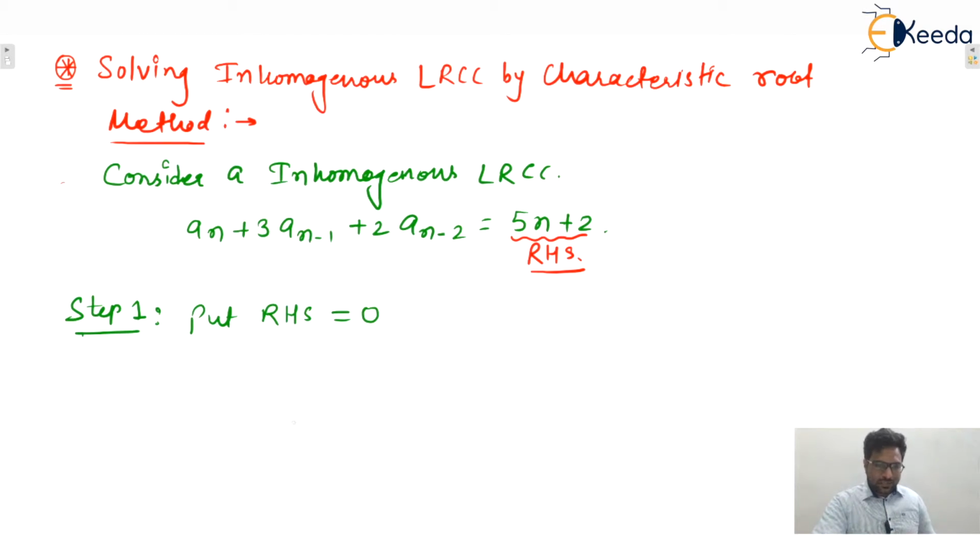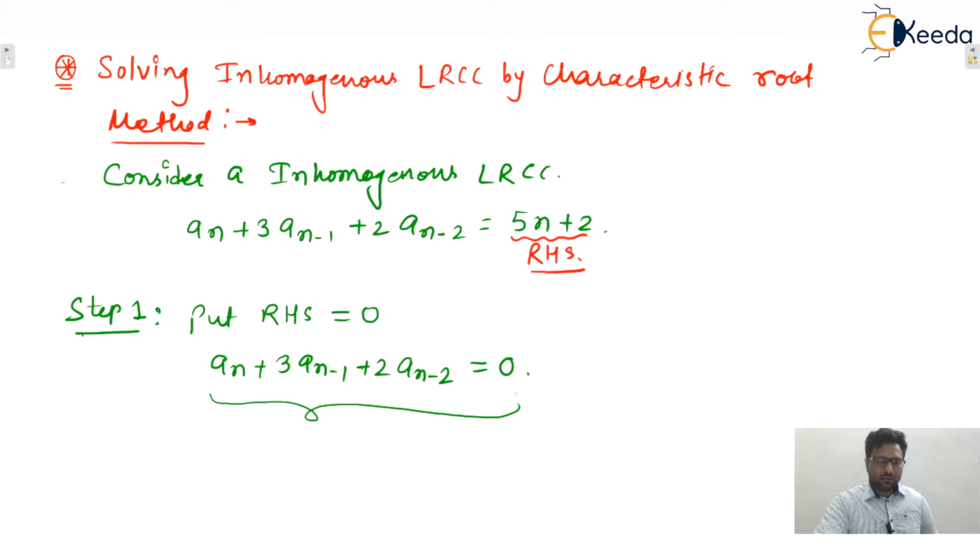Now it becomes a_n plus 3 times a_(n-1) plus 2 times a_(n-2) equals 0. Now solve it like the homogeneous LRCC. Write the characteristic equation, find the roots of that equation, and finally write the homogeneous solution. But don't solve constants in this step. That is important.